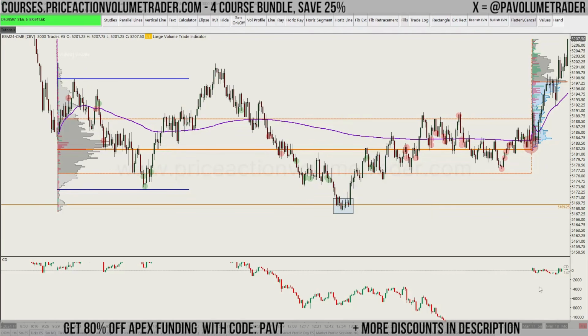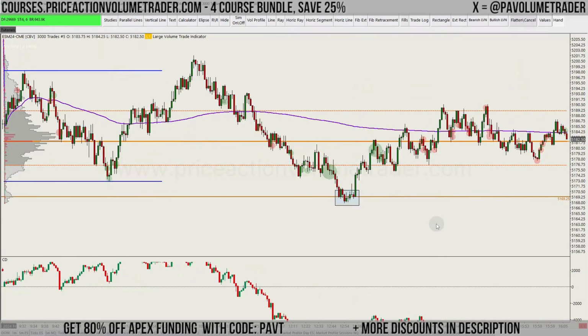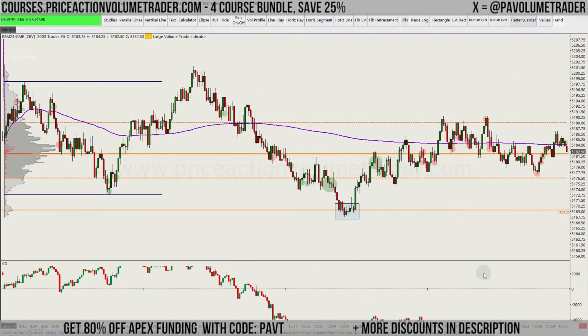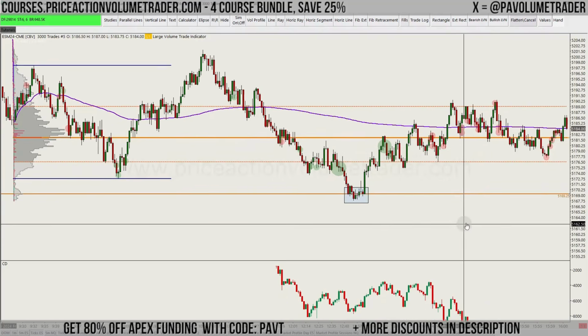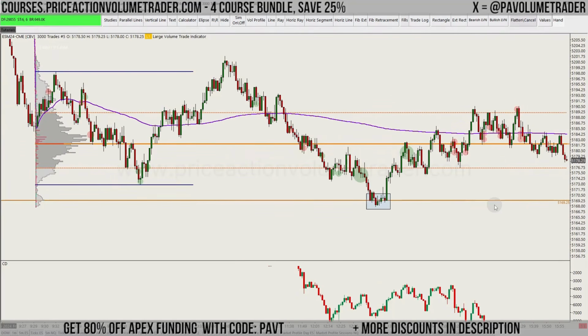Okay, so when we're looking for absorption, like we said, we're looking for the market to hit areas of big liquidity, which is usually significant swing highs, swing lows, or just important support resistance levels where we expect significant orders to be resting, like we're going to see right here.